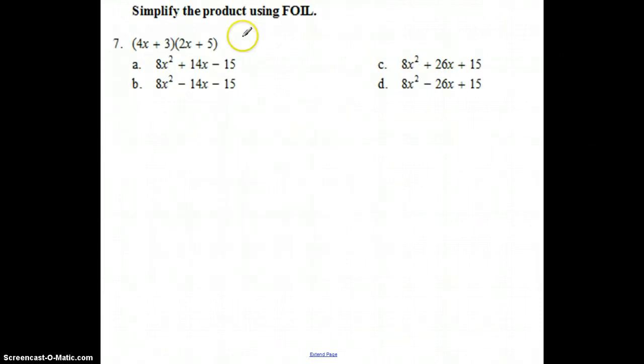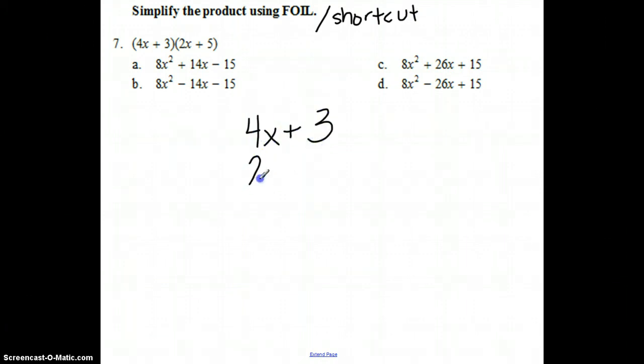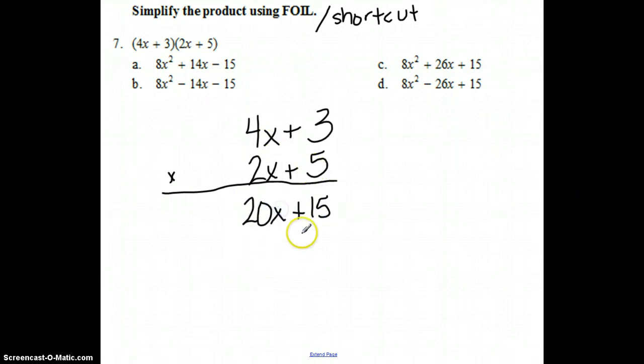Okay, and the next one. This one says use FOIL, realize that you can also use the shortcut method if you want. So if I set up the shortcut method, 5 times 3 is 15. 5 times 4x is 20x.